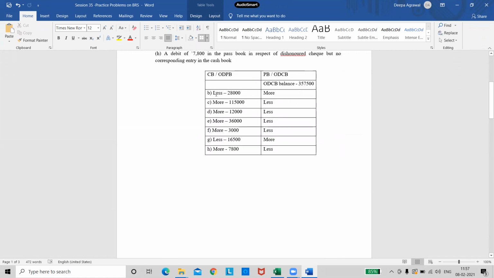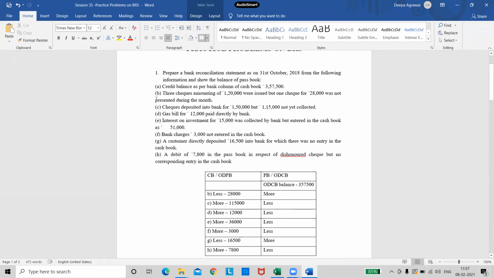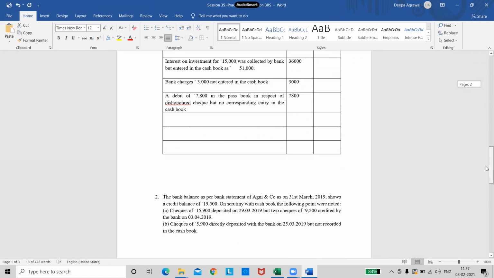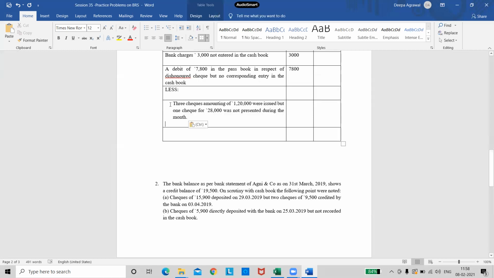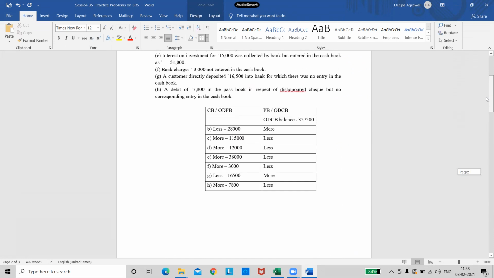See here, the B bit is to be deducted and the G bit is to be deducted. So this is the B bit. I will note down the B bit here. My heading is less, and then this is the B bit. And this is the amount. I have one more item to be deducted. That is the G bit.